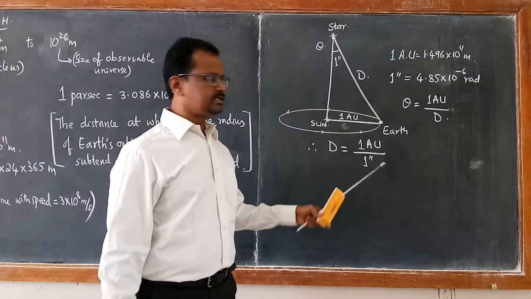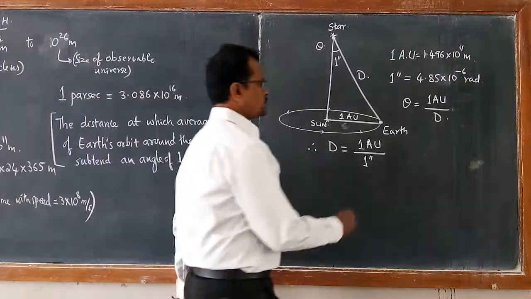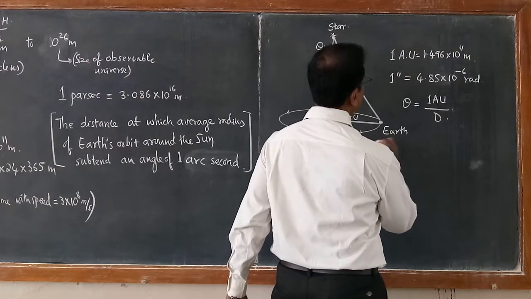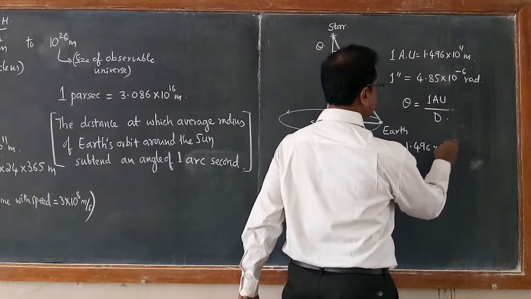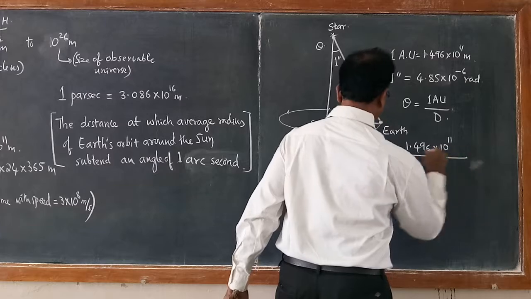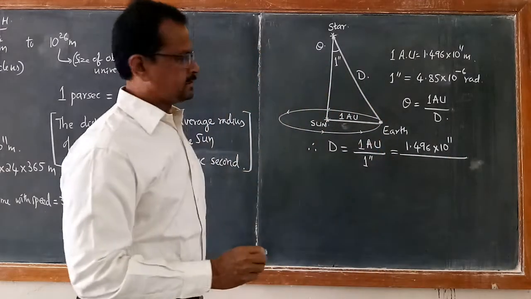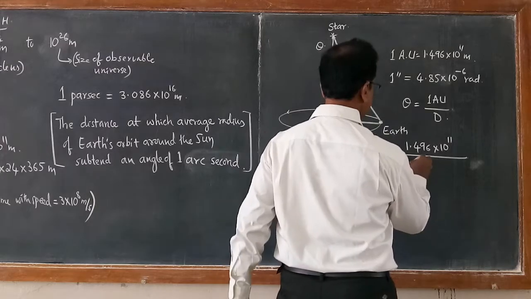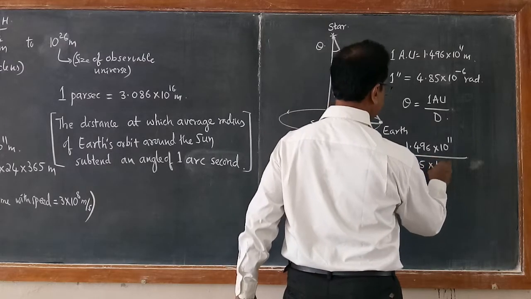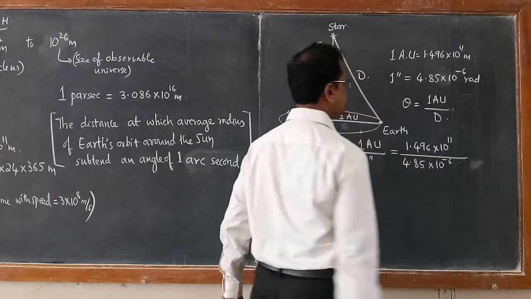But you should convert these into SI units. So this comes out to be 1.496 into 10 raised to 11 divided by 1 second of arc. 1 second of arc is 4.85 into 10 raised to minus 6 radians.